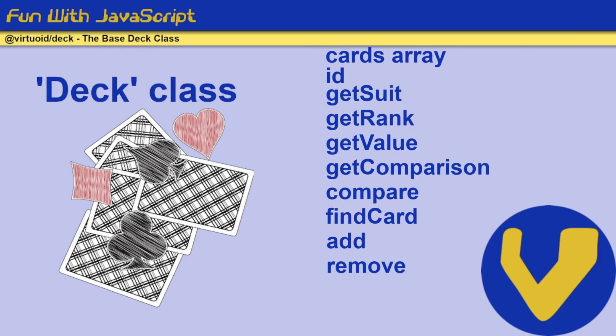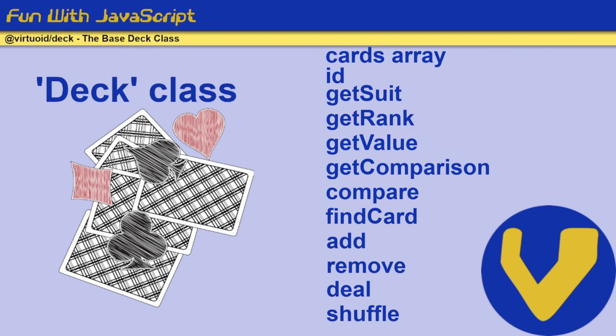What are some of the other things? Well, two big things on a deck: we deal a card, and we always deal off the top of the deck. So we remove a card off the top of the deck and we send it somewhere. Where are we going to send it? We're going to send it to another deck. Because one of the things you want to think about with decks is that every single hand that you have, if we're playing cards, is basically a deck.